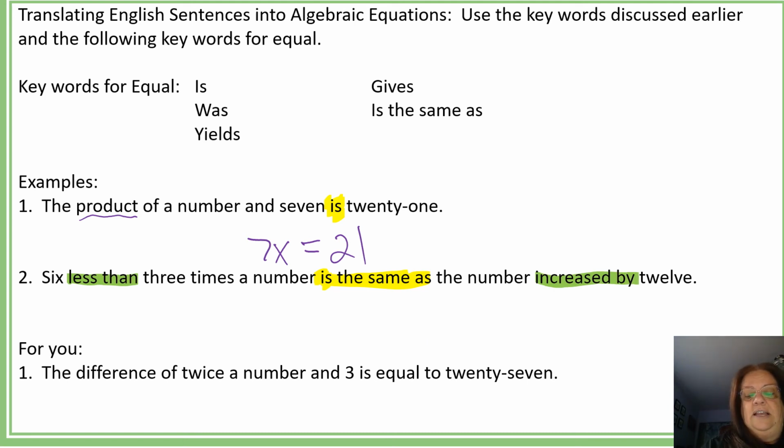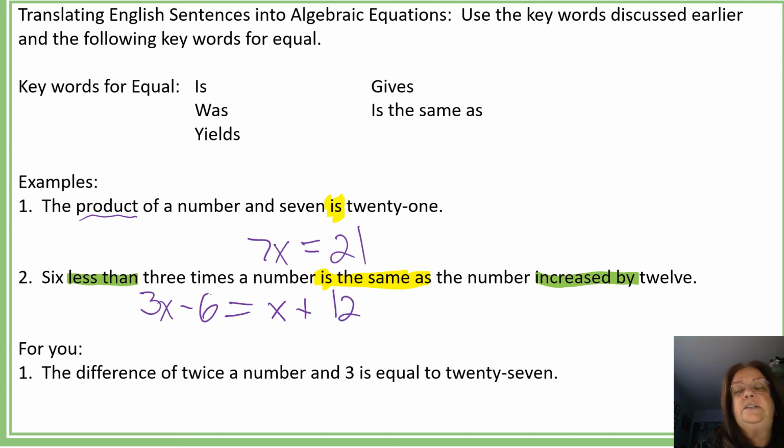All right, so let's translate this now. Less than 3 times, so remember this is where we have to flip it. So 3 times the number minus 6 is the same as the number increased by 12. You can just translate it straight over. It's actually really easy. All right, so now I want you to do number 1 here.